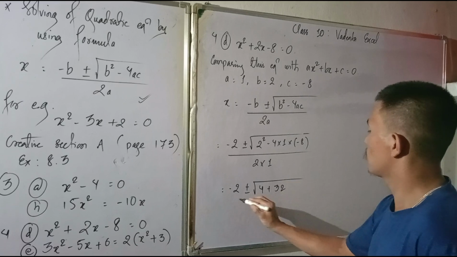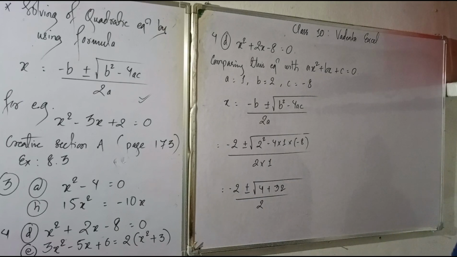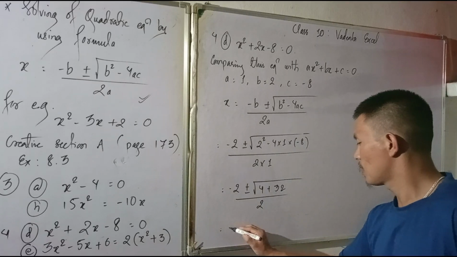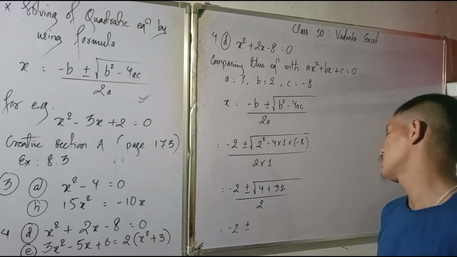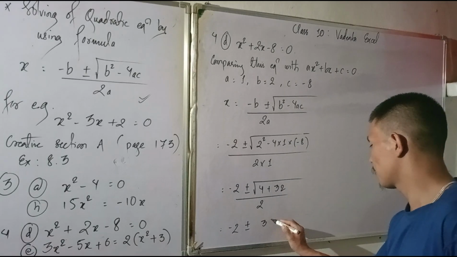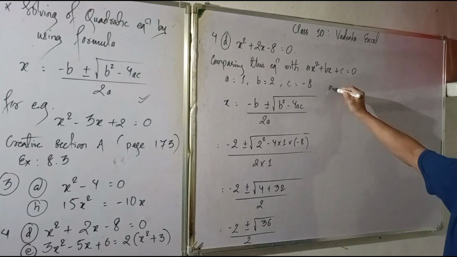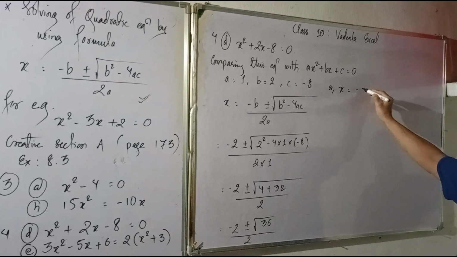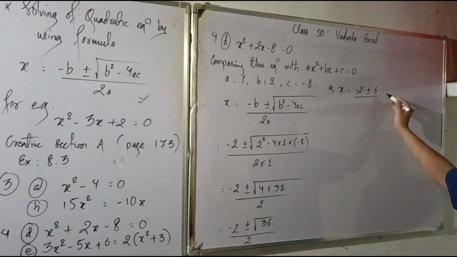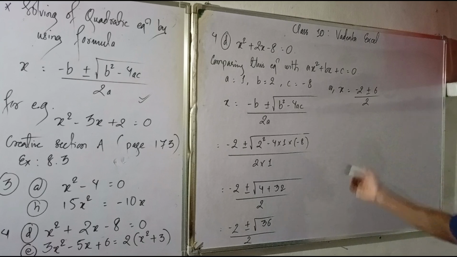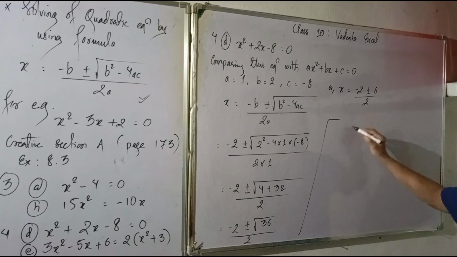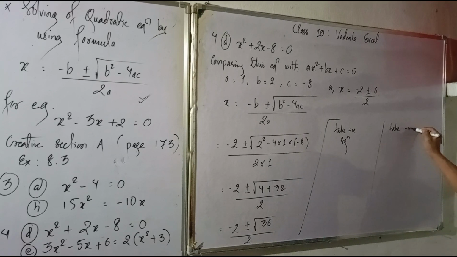So minus 2 plus minus, so 4 minus, this becomes minus 4 times minus 8, 32. Minus 2 plus minus root of 32 plus 4, 36, divided by 2, or x equals minus 2 plus minus 6 divided by 2. Now from here you take the positive sign and the negative sign, you'll get both values for x.